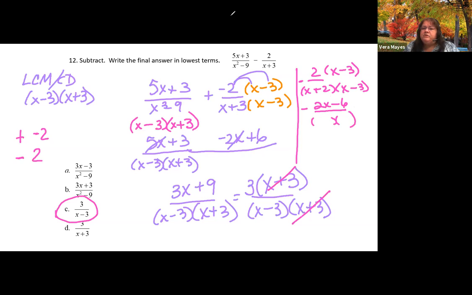What happens with most people is they distribute the negative to the 2, but they forget to distribute it to the -6. So I like to deal with it first because I've done this for so many years. I know where you guys are likely to forget and make a mistake. And that's why I just tell my students to do it first, and then it will be there to be part of the problem, and you won't have to decide later which one gets that negative.